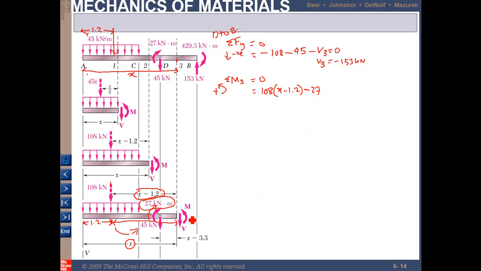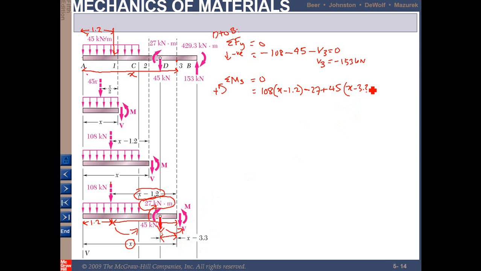And then you have one more force here which will also cause moment, which is going downward, so it is positive because it will go to this direction. Okay, so plus 45 times the distance from here to here, which is X minus 3.3.